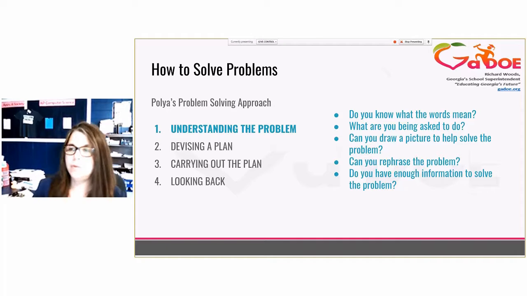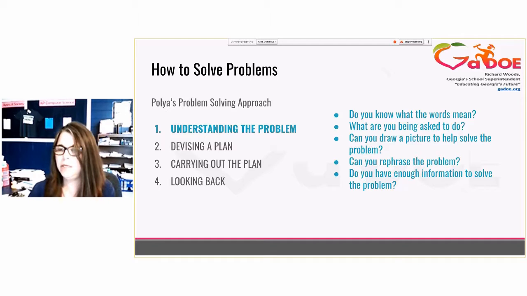Can you draw a picture? Do some pseudocode. Whatever tools you have to state the problem, understand the problem, make sure that you have enough information to solve the problem. If you're given incomplete information, you should be able to identify that and state it.